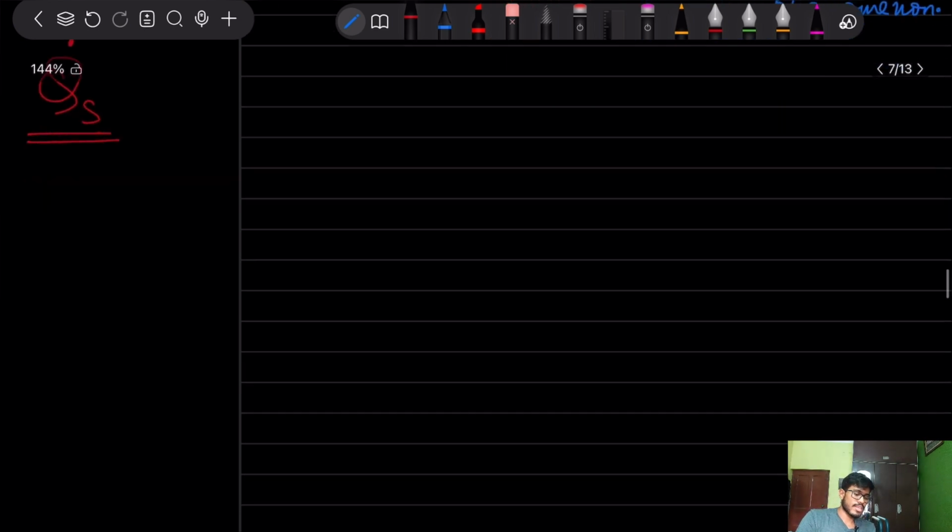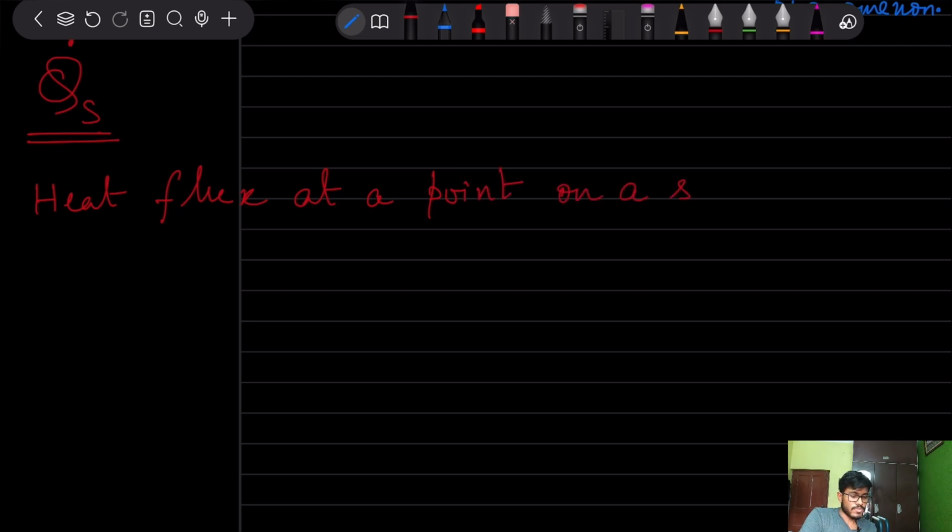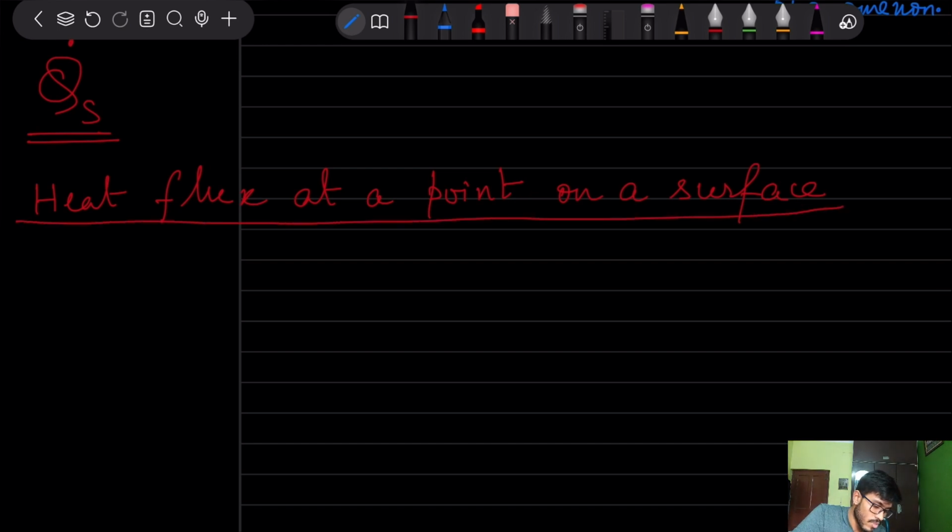To quantify this, let me define something called heat flux at a point on a surface. Let me have a coordinate system first.